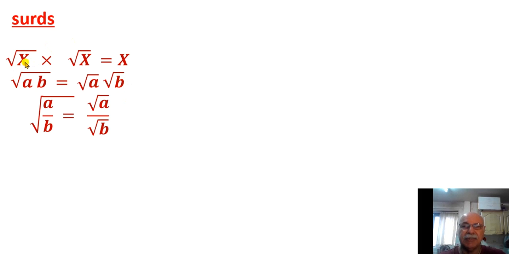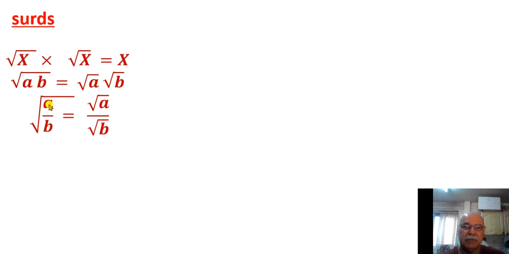This is the rule. Square root of x times square root of x equals x, meaning if we change this rotation for a number, for example 5 times 5, it becomes square root of 5 times square root of 5 equals 5. For example, square root of AB, for 15 coming from here, 5 times 3.